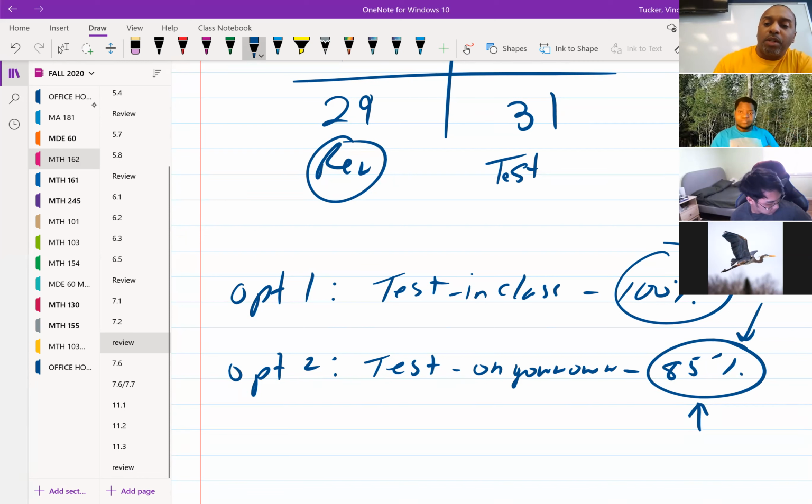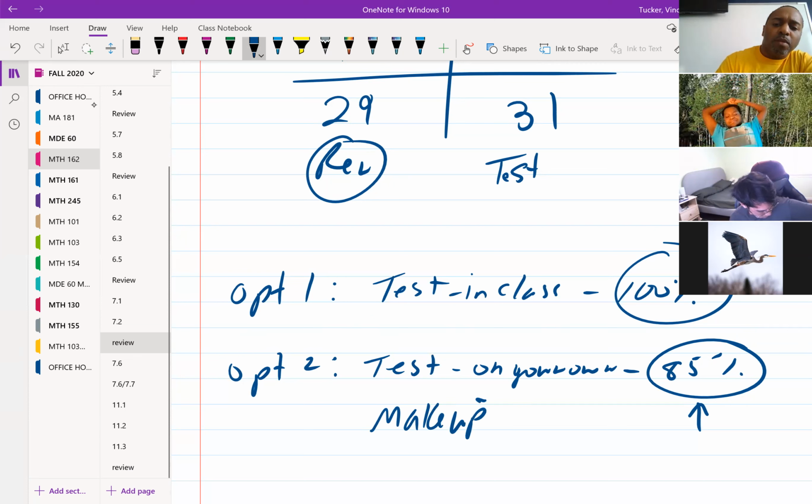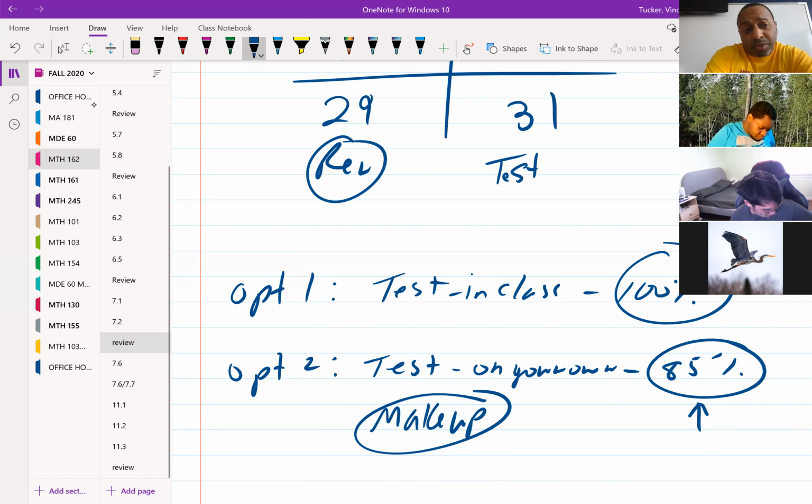So the highest you can get on the makeup test is 85. But once again, having an 85 test average will not stop you from making an A out of the course if that's what you desire. Not doing your homework and not having at least an 85 test average will stop you from making an A. So it's a way of putting a little thing in there, but it really doesn't hurt you guys. That's what we're looking at as far as our test is concerned.